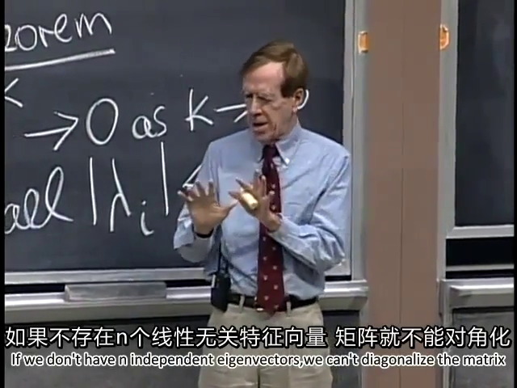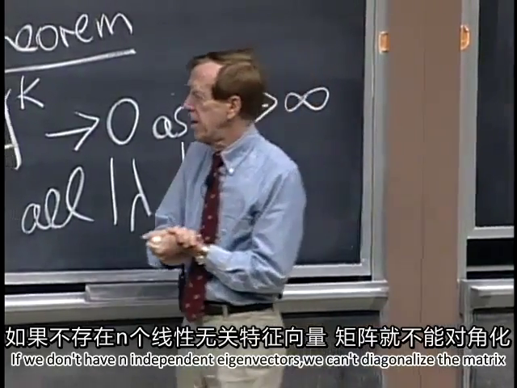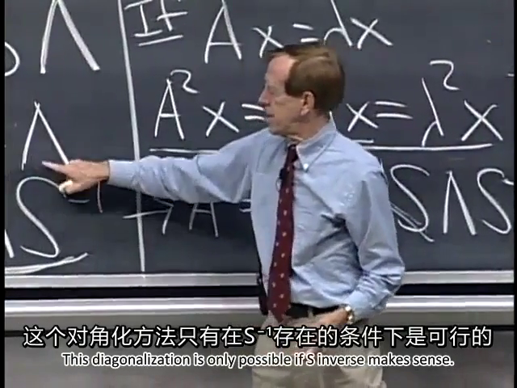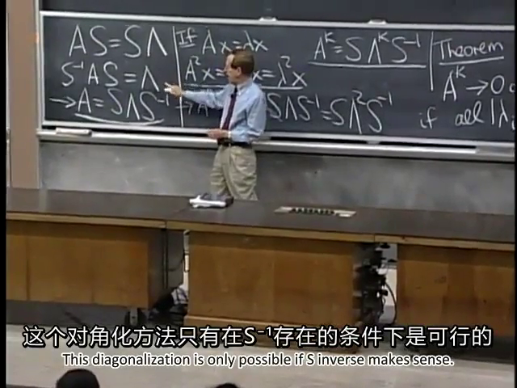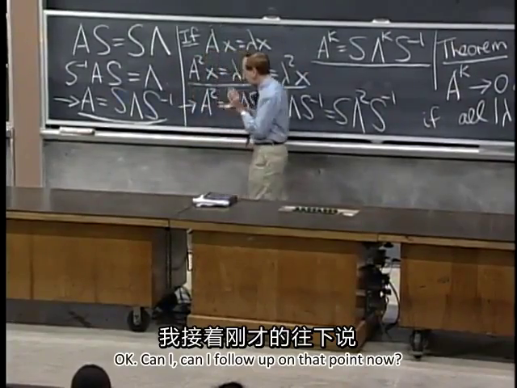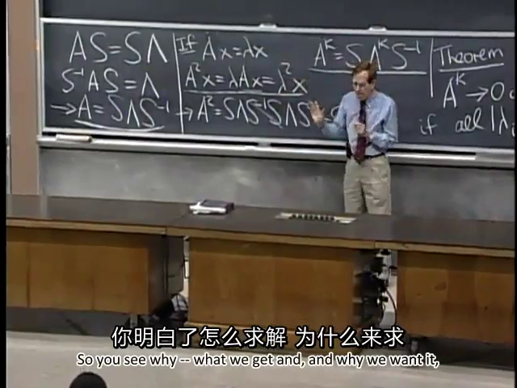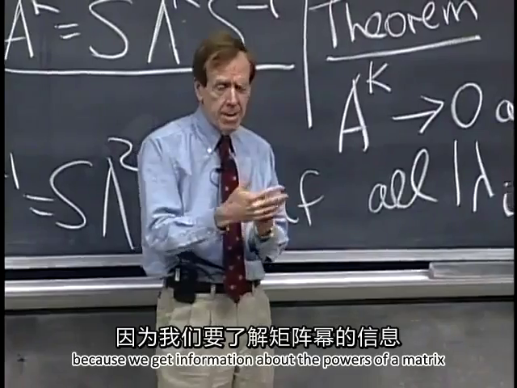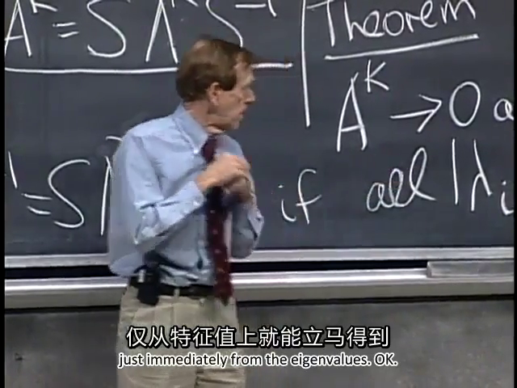If we don't have n independent eigenvectors, we can't diagonalize the matrix. We can't get to a diagonal matrix. This diagonalization is only possible if S inverse makes sense. Okay, can I follow up on that point now? So you see what we get and why we want it, because we get information about the powers of a matrix just immediately from the eigenvalues.